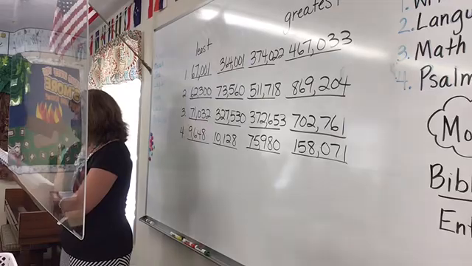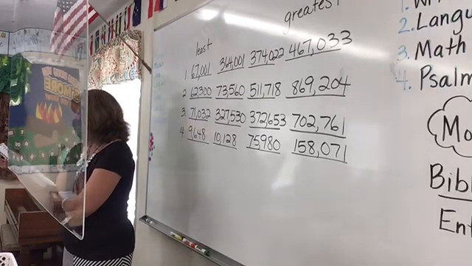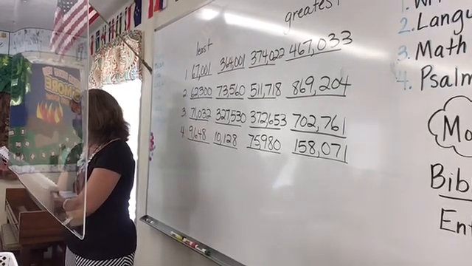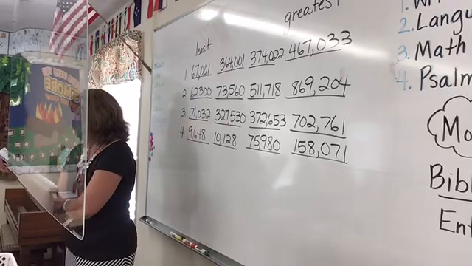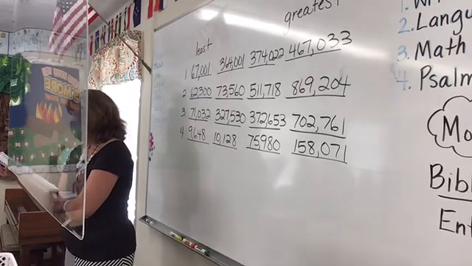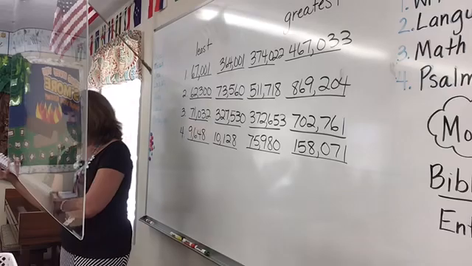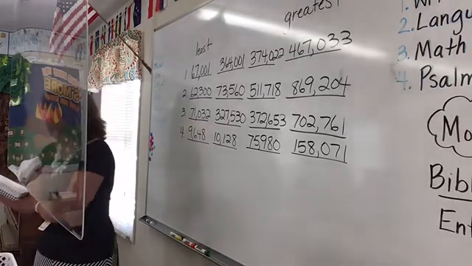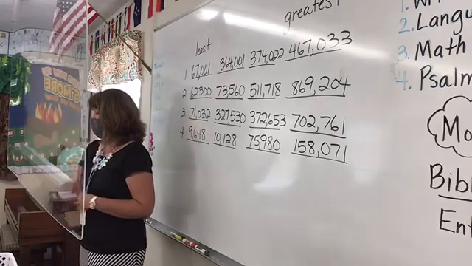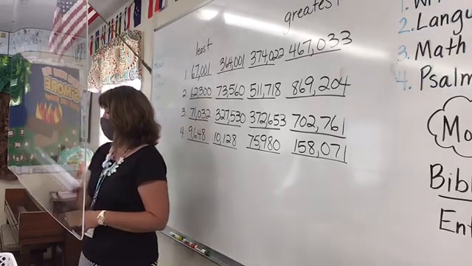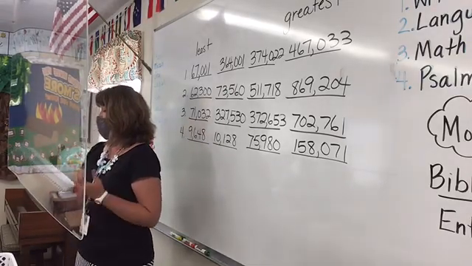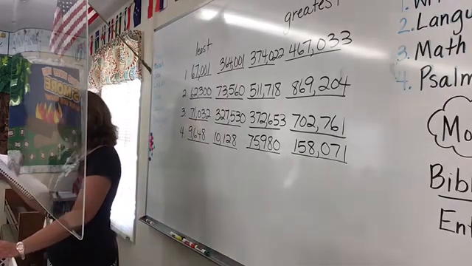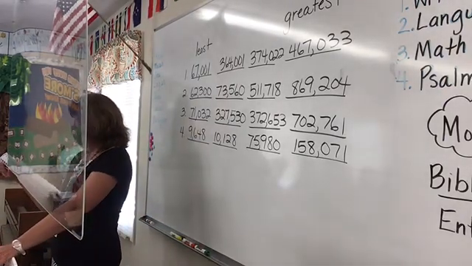And then the last row, they're actually written from least to greatest, it looks like. 7,900, 7,989. So we already know that's not right. All right, and then the next one for number 6, we've got 386,187.